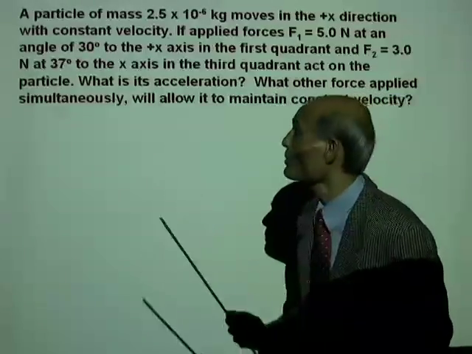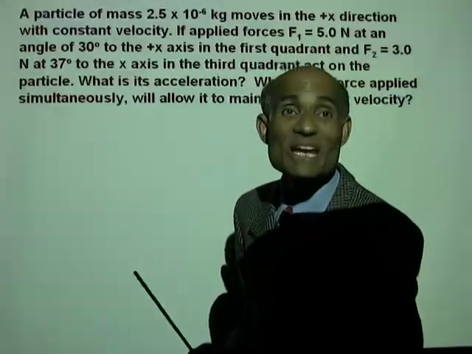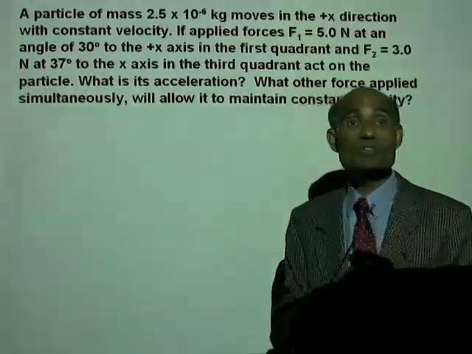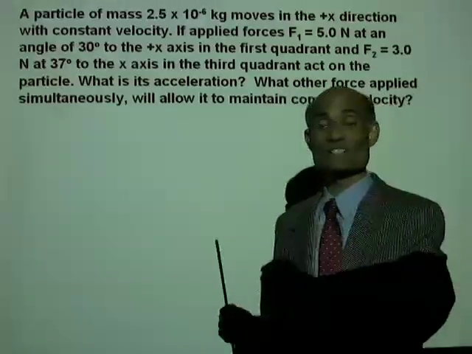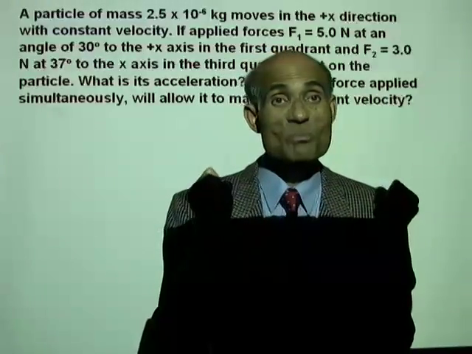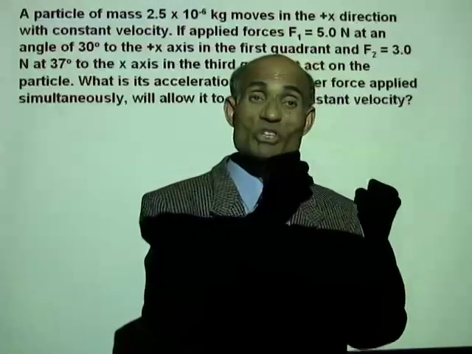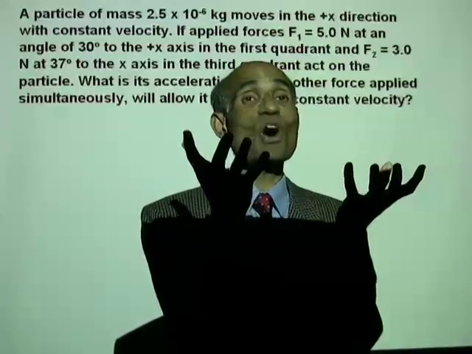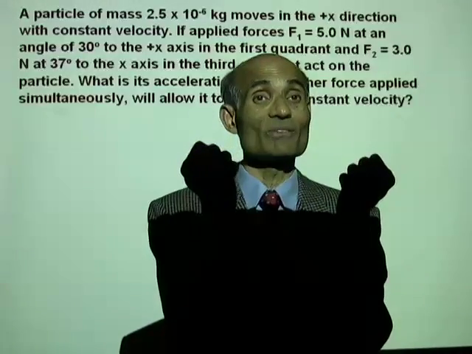What other force applied simultaneously will allow it to maintain constant velocity? Now remember, if an object has to maintain constant velocity, the net force on it has to be 0.